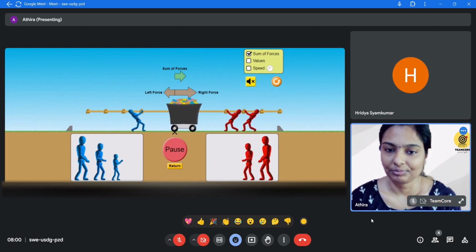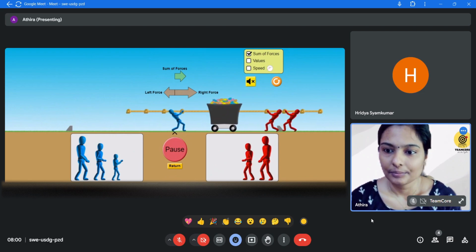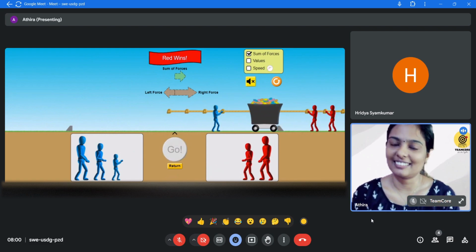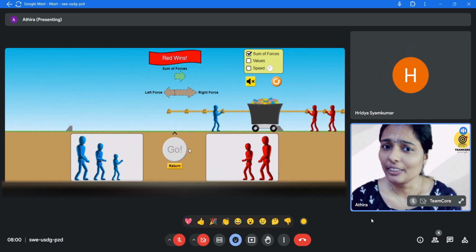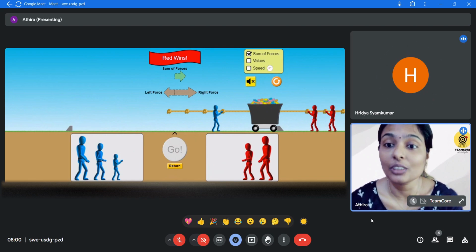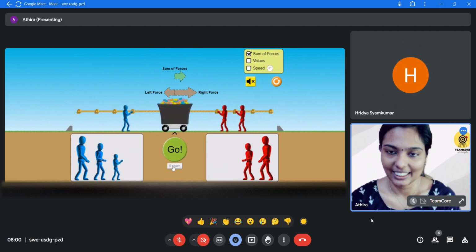Let's see. Red wins. Very good. And is the sum of the forces zero here? No. So the sum of the forces is not equal to zero here, and the object moves in the direction of red.